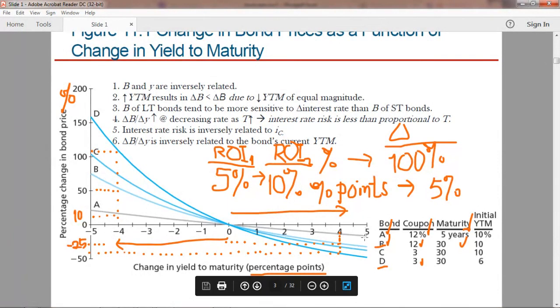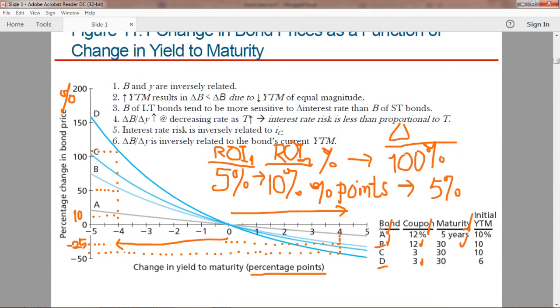It's not exactly symmetrical, but of all these four bonds, it's the most symmetrical, because when interest rate goes down, the bond price will go up, but the increase in bond price is almost symmetrical to the drop in bond price when interest rate goes up. Of course, it's not exactly symmetrical, but it's the most symmetrical one of all.